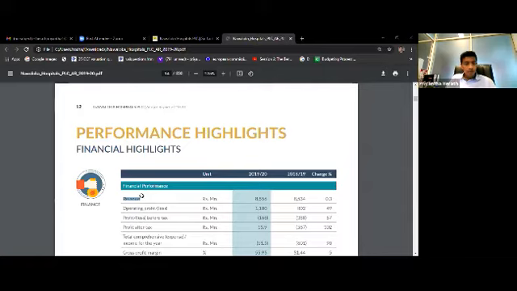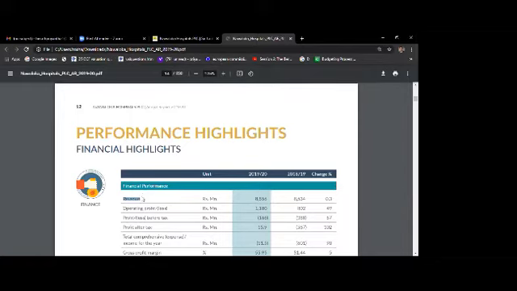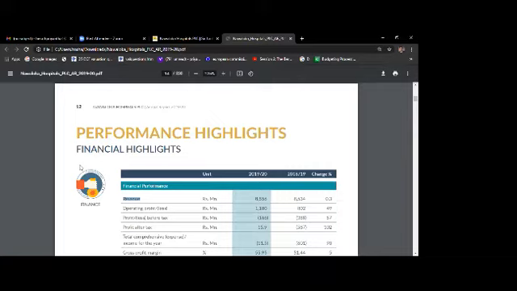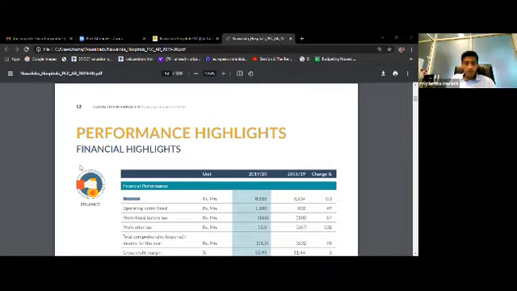Revenue, what's the value in 2020? 8,556, and this is in millions. Therefore, what's the number? 8.5 billion. So the revenue number is 8.5 billion. I'm typing this and I'll share the Excel sheet afterwards.